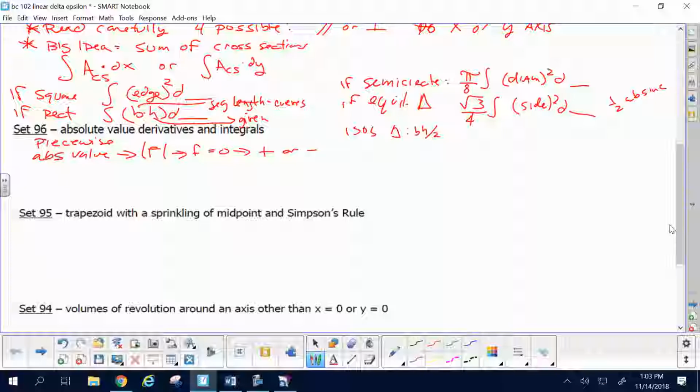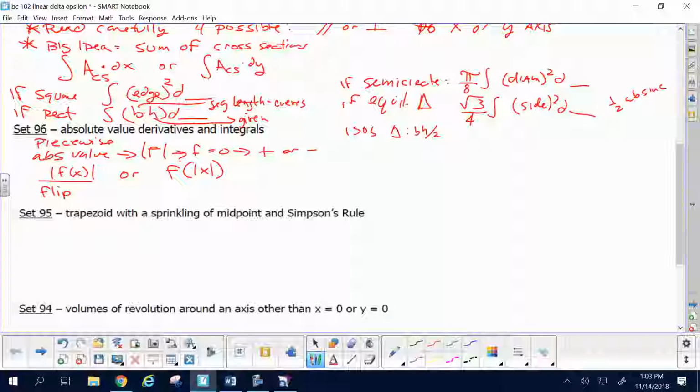Could be either this case or this case. What does absolute value on the whole function do?